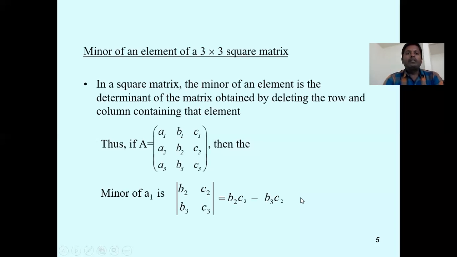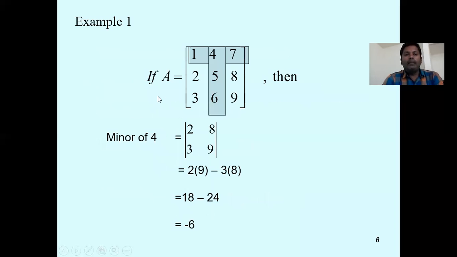You see this example 1. If A is 1, 4, 7, 2, 5, 8, 3, 6, 9, then find the minor of 4. Where is the 4? The 4 is in the first row and second column. When we find the minor of 4, the corresponding row and column are neglected.